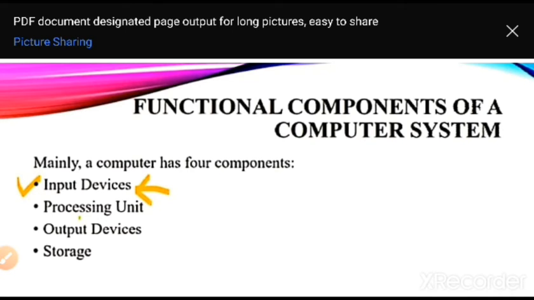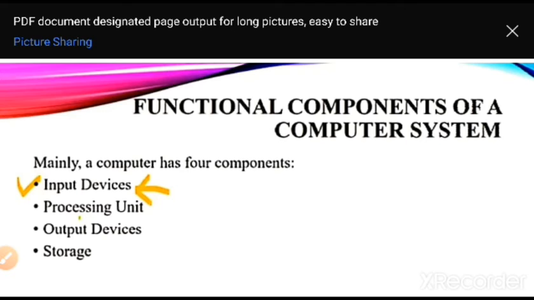Next one, output devices. When your data is processed and the processing is completed, it will generate the final output.